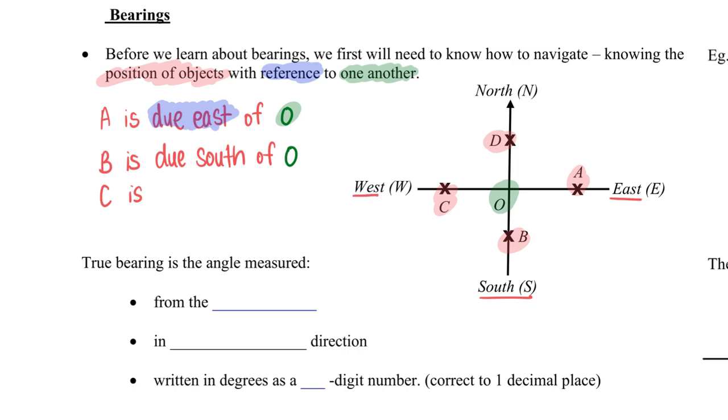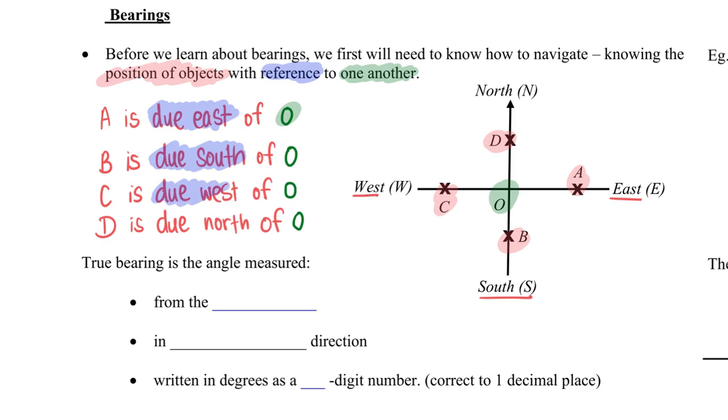C is due west of O, and D is due north of O. So when we talk about bearings, it is always with reference to a particular position of the object, and we are looking at the east, north, west and south.